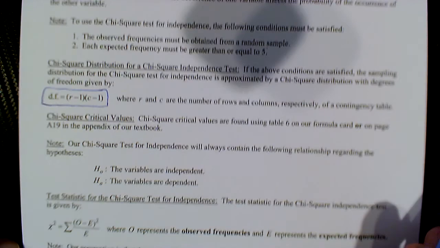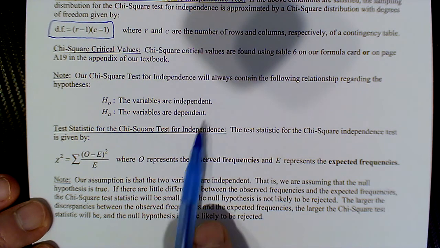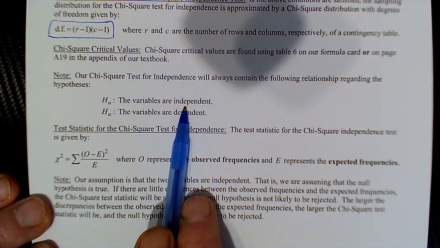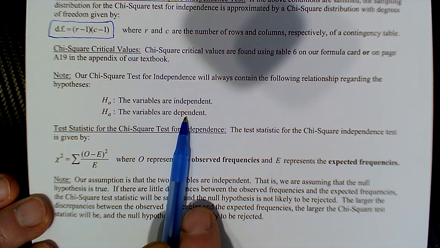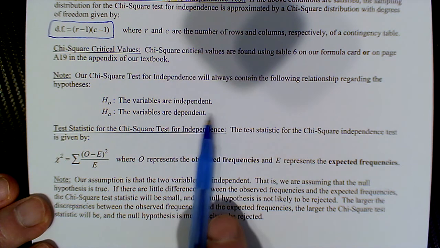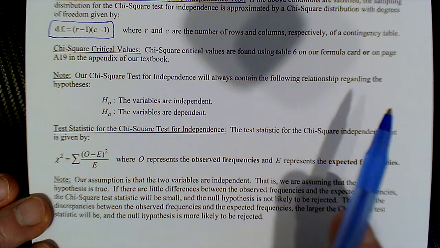And when we state our hypotheses, because we're going to be doing a hypothesis test, we always say that H0 is that the variables are independent, and HA is that the variables are dependent. And that's because it's a test for independence, so we're assuming H0 is true, that the variables are independent.